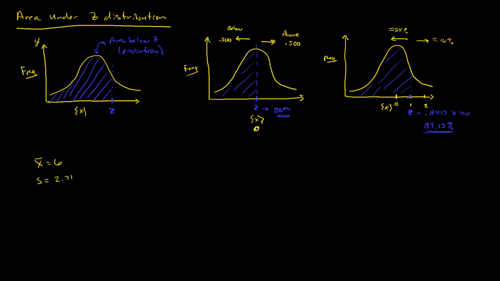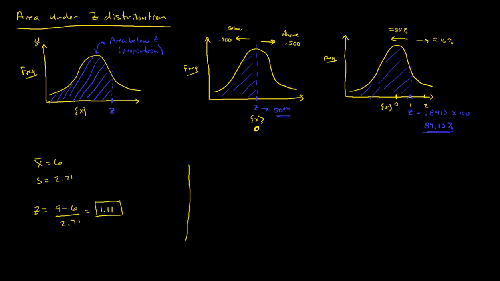If we're going from a raw score to a z-score, z was equal to, let's use my years of employment, 9 minus 6, divided by 2.71, equal to a z-score of 1.11. You can plug and chug that math. So what does that mean for my actual percentile rank?